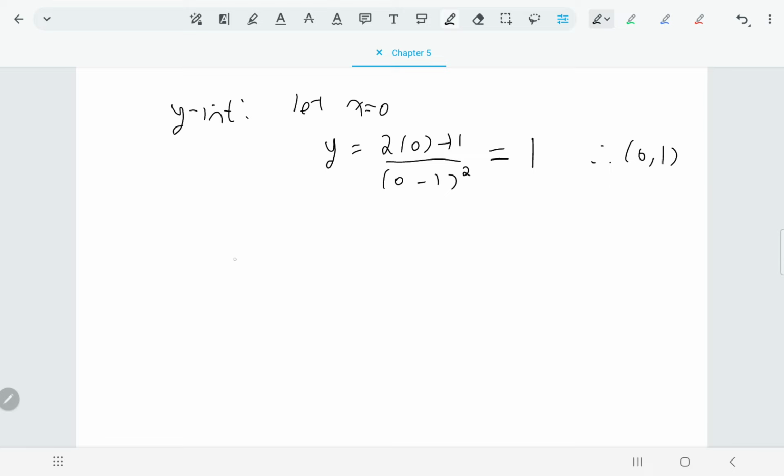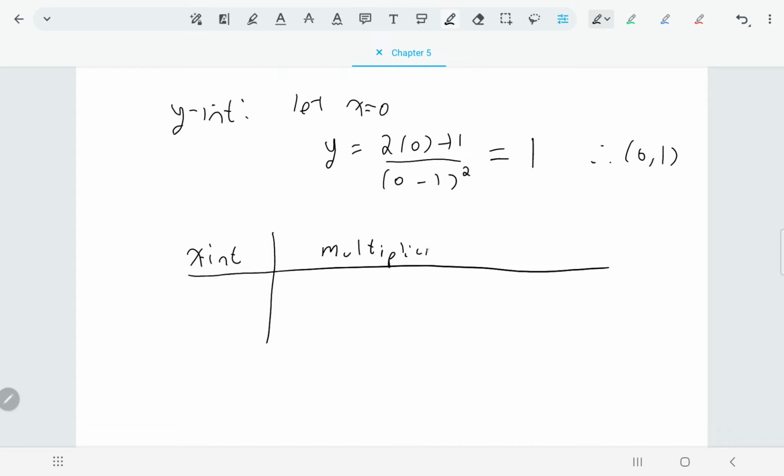And as far as the x-intercepts go, again, we can think about x-intercepts, where they are, the factor that gave us the x-intercept, what was the multiplicity, and what's going on at that x-intercept, what's the behavior.